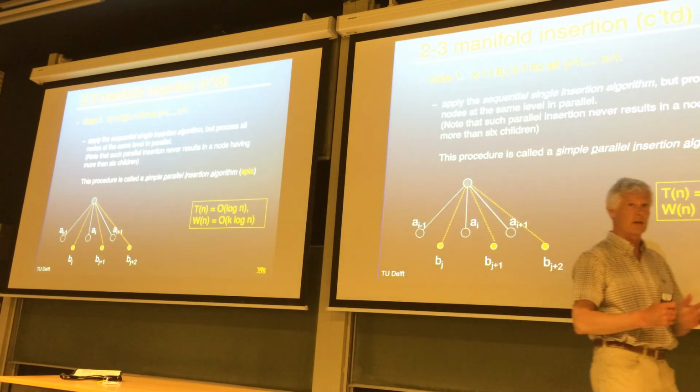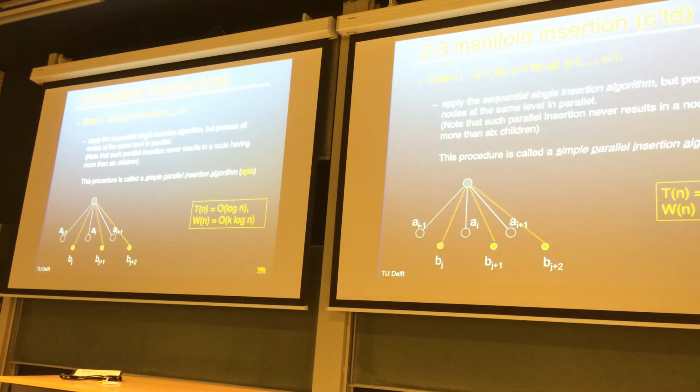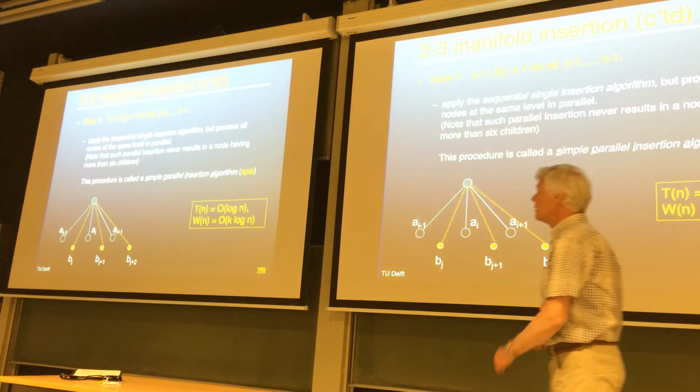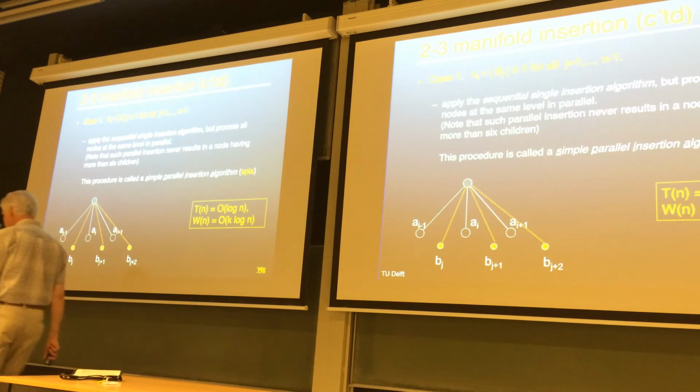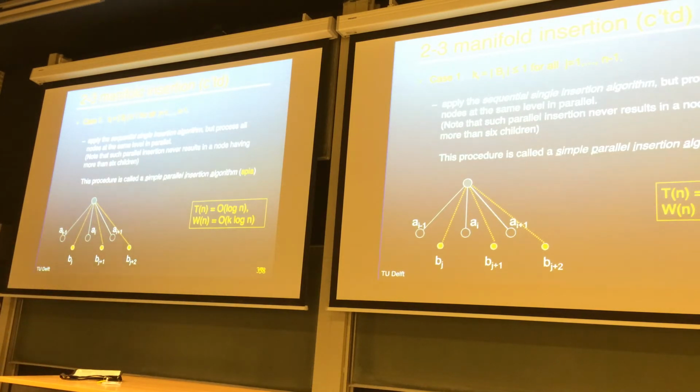Then we are very lucky. Then the insertions are distributed over the leaf intervals. And that means that in a distributed way, we also can insert them in the tree, because what then happens is we apply the sequential single insertion algorithm, and we can do that in parallel.